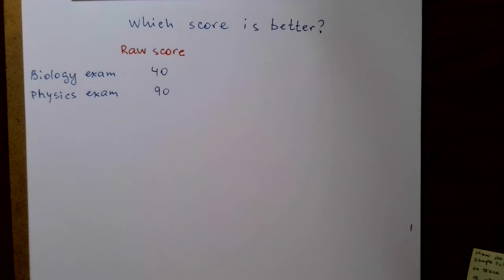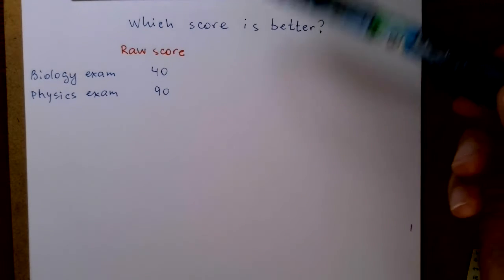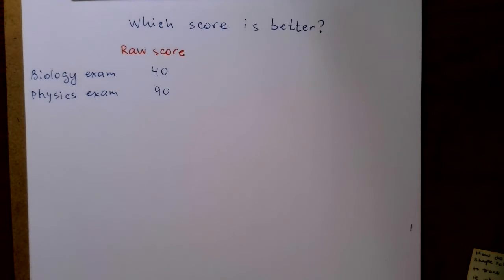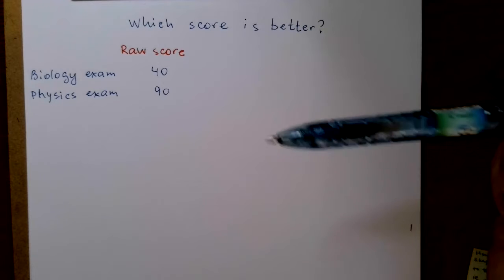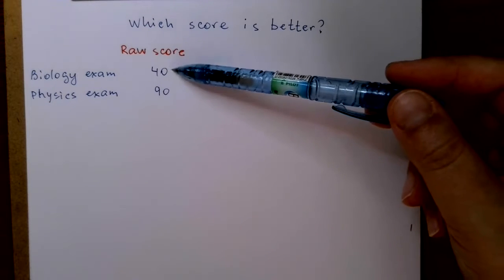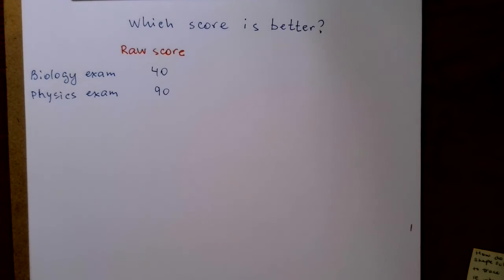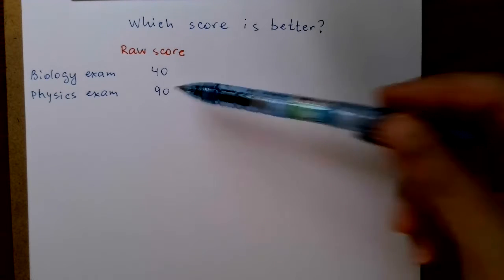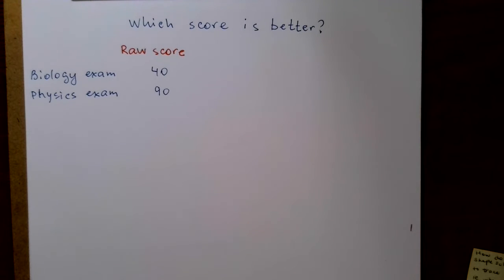Let's explore this topic a little bit more so you get a feel of why it is important. I want to ask you, let's say I have a friend who is taking biology and physics this semester, and she told me that she got a score of 40 on her biology exam and a score of 90 on her physics exam. So which score do you think is better?